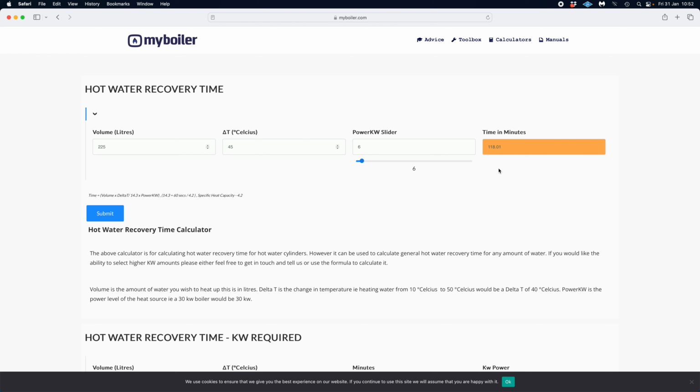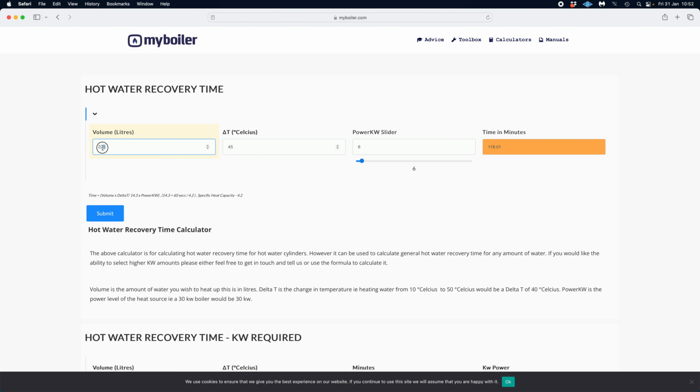But let's say that we don't have any destratification pump on the hot water cylinder at this time, and our tank sensor for priority hot water is about a third of the way down the cylinder, as they generally are. Let's just say you're going in to have a shower and you've pulled off 30 litres of water out of that cylinder. So we need to recover that 30 litres, and we've got a 6 kilowatt heat pump on priority hot water.